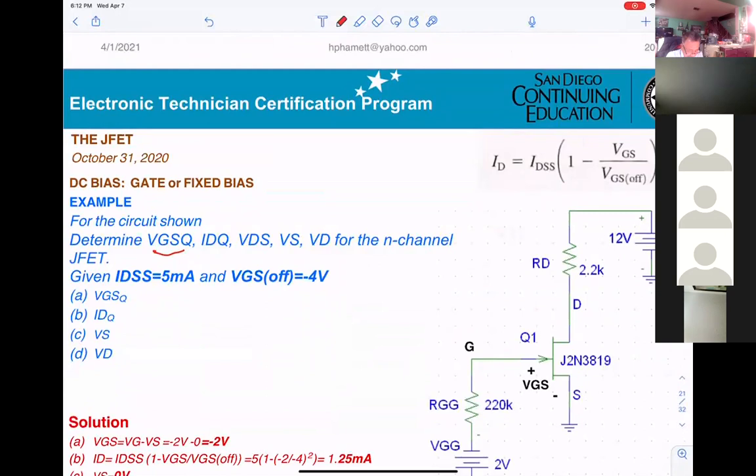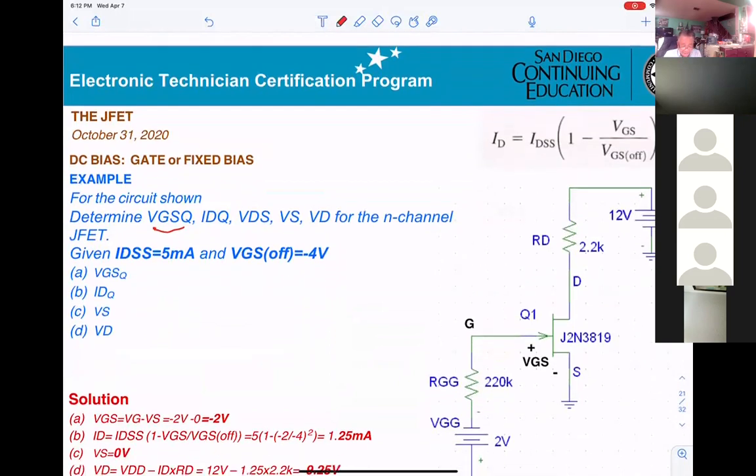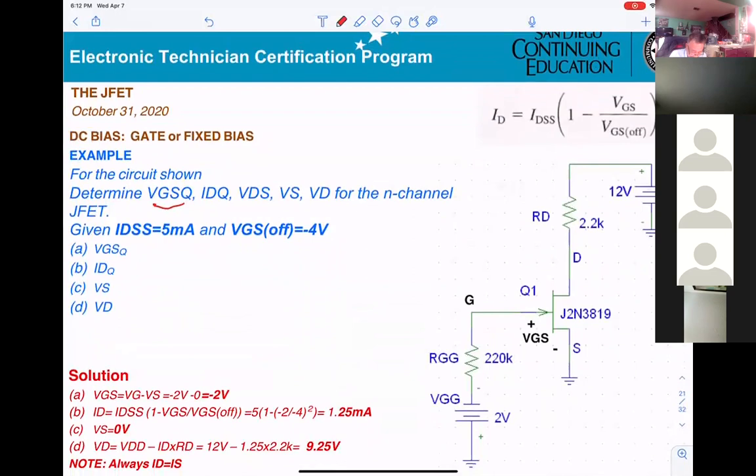Now, given to you, IDSS is 5 milliamp, VGS off is minus 4 volt. So the first thing they want is VGS. Now you can tell me VGS equals VG minus VS. That's the basic definition. What does VG equal?